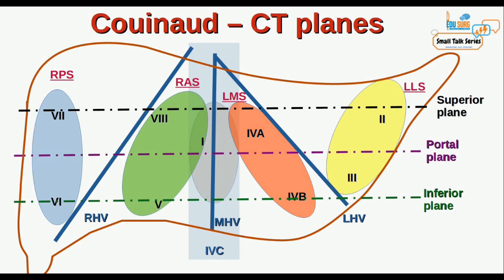Now, what divides the liver into superior and inferior parts, as we all know, is the portal plane, or the plane where the portal vein divides into right and left. So these are the three planes or the three cuts in the axial section of a CT where you will have to identify the liver segments.